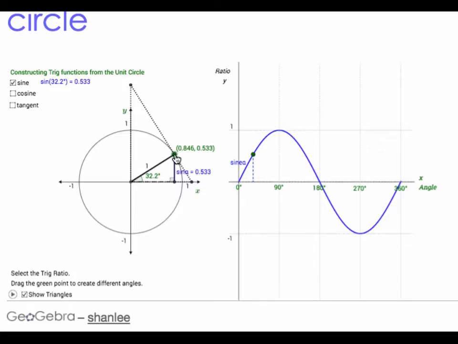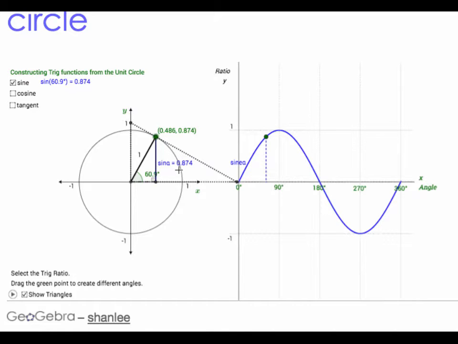So as I rotate around this circle, my value for sine will change. The reason it changes is because the ratio is of the opposite over the hypotenuse, and as my triangle changes, so does that ratio.